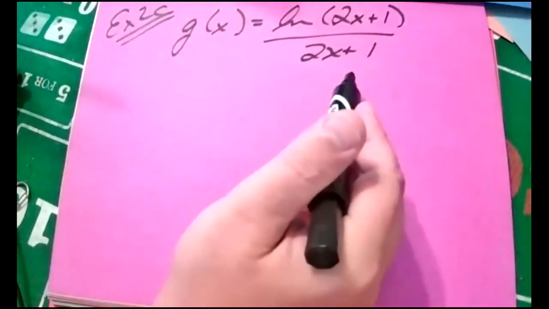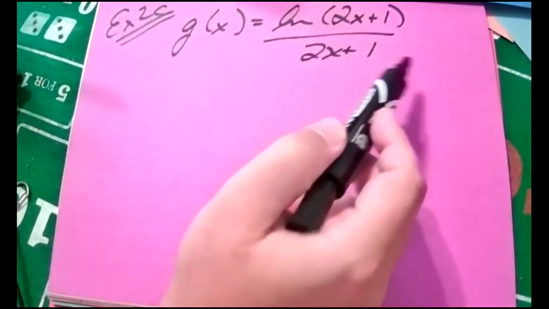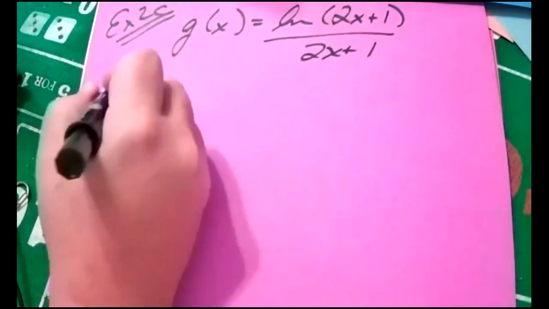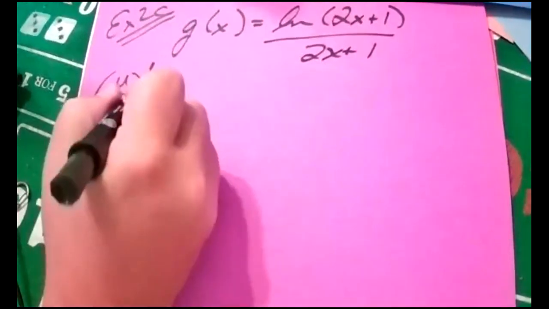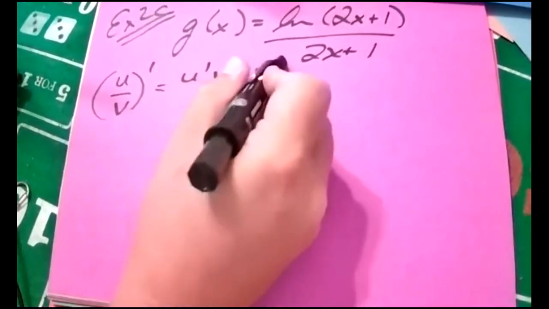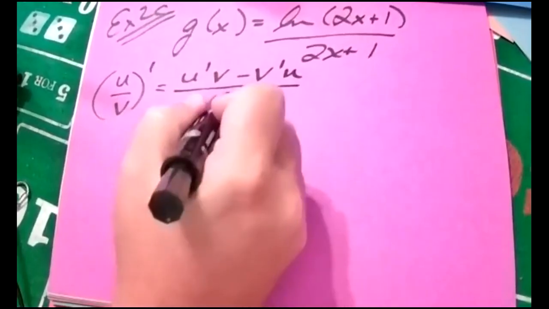To answer this question, what I need to do is first recognize up front that this is not just a logarithm, it's actually a quotient, and apply the quotient rule to it up front. So remember the quotient rule.